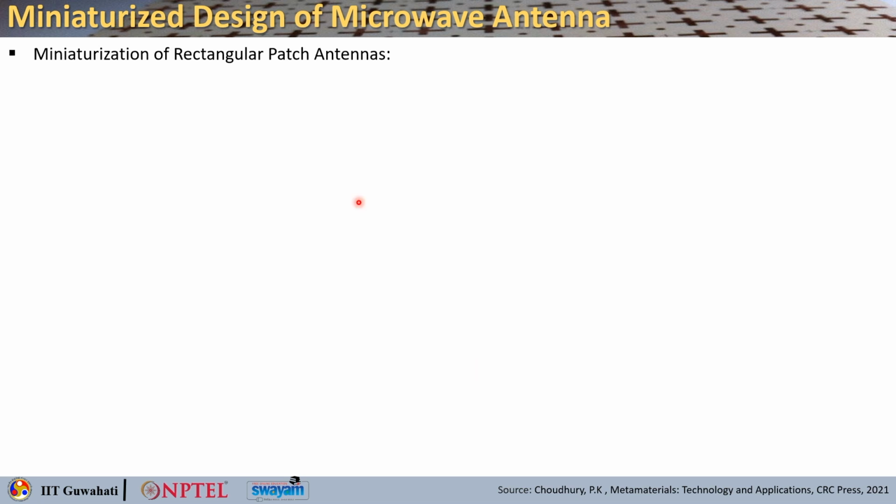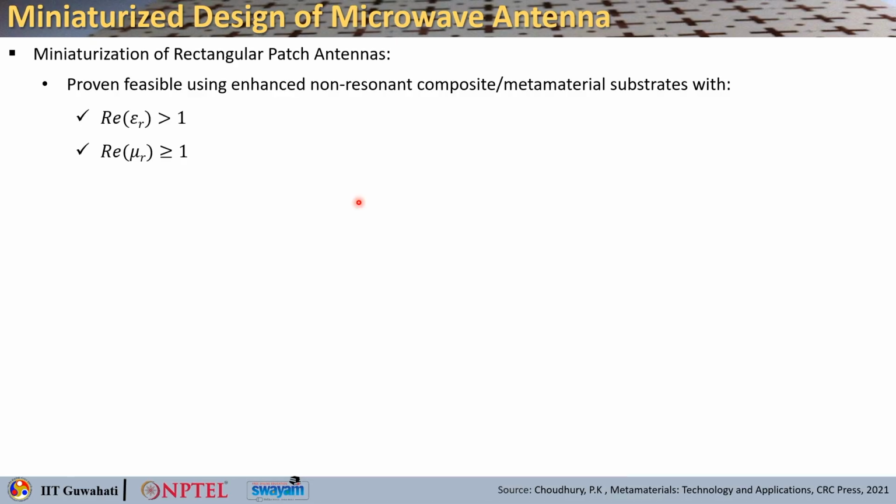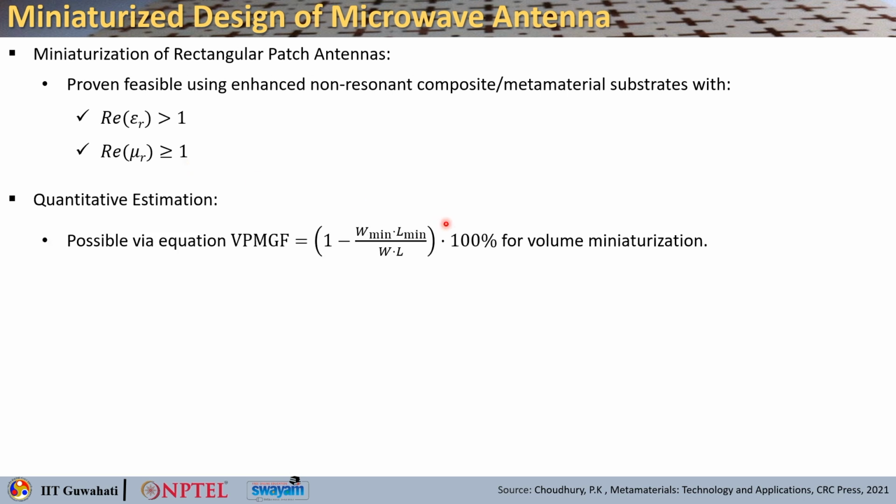So, the last miniaturized design has shown that the miniaturization of rectangular patch antenna on enhanced non-resonant composite metamaterial, which has got real part of the relative permittivity positive, also the permeability greater than or equal to 1, is possible in principle, right. Moreover, its quantitative estimation can be evaluated using this formula, okay.